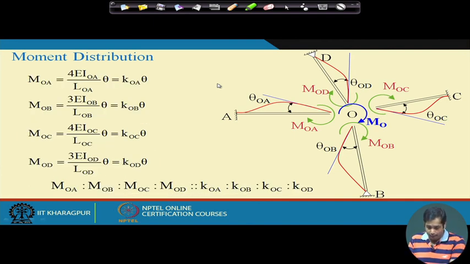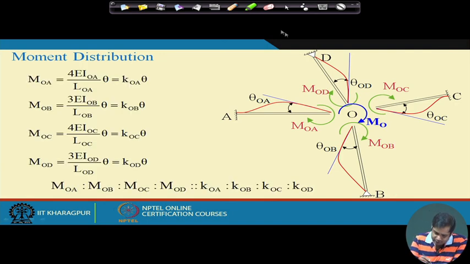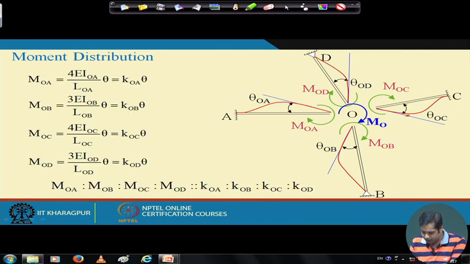You see, this member can be treated as this one. Just now we have seen, for instance, that if this is a fixed beam and we apply a moment like this, and it deflects like this, and it is theta, we have seen how this moment and this theta are related.